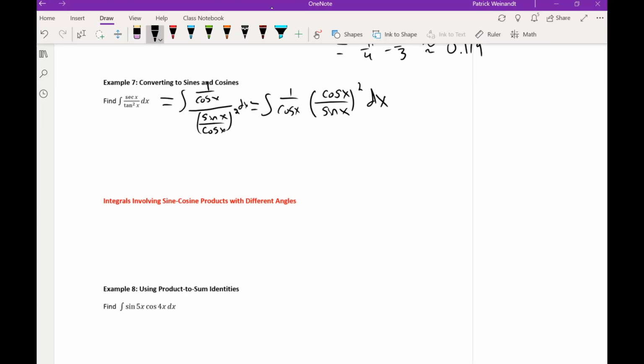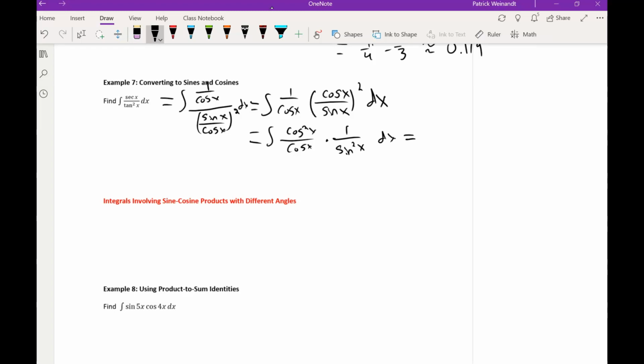Now what we can do here is we're multiplying these 2 fractions. This would be the same as multiplying a cosine of x squared over a cosine of x. I'll write this so I don't lose too many people. I could write this as cosine squared x over cosine x, and that would leave me with 1 over sine squared of x dx.